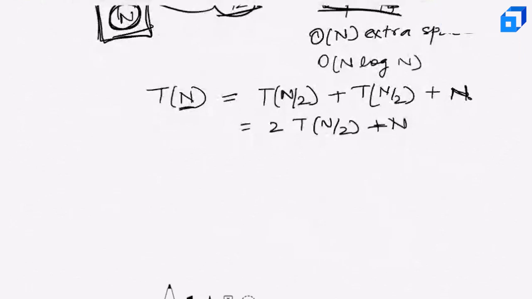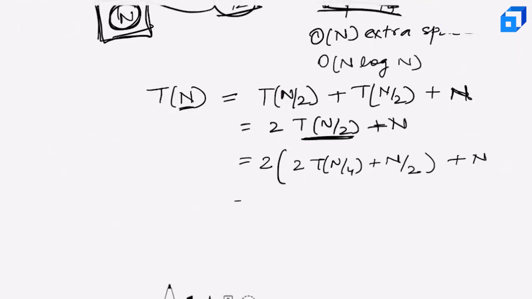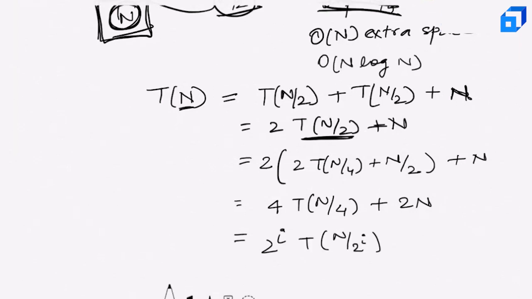If you break it down further, T(n/2) is 2 times T(n/4) plus n by 2, which is the same as 4 times T(n/4) plus 2n, which you'll see will finally come to 2 to the power i times T(n/2^i) plus n times i.